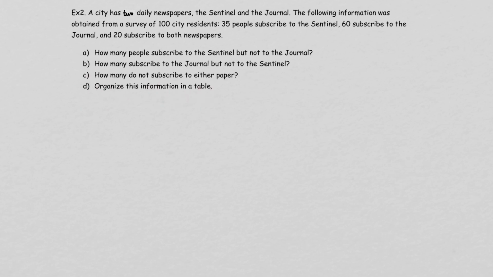So the best way to do this, I'm going to use the information we learned from the previous sections, which is sets. So I'm going to draw a Venn diagram.